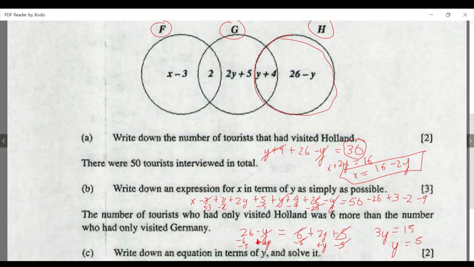So now what I did was I just put all the numbers on one side and I left the algebraic terms on the other side. So I added 3, subtracted 5, subtracted 4, subtracted 26 on both sides, and then x remains, so there's 2y, and then surprise, surprise, the y's cancel.